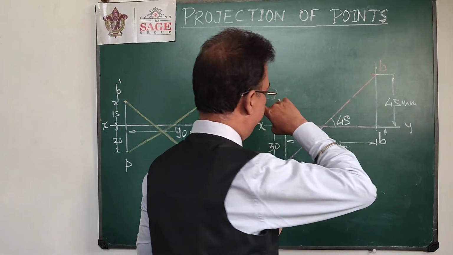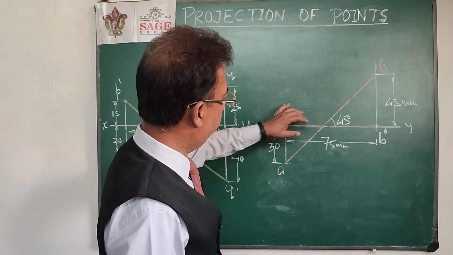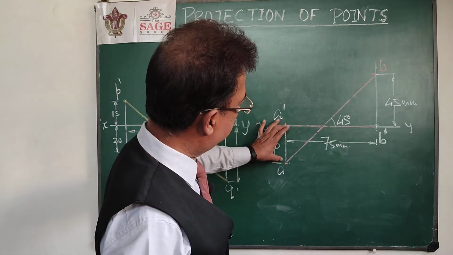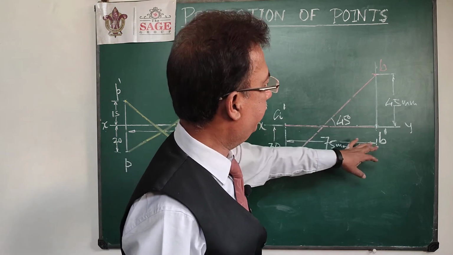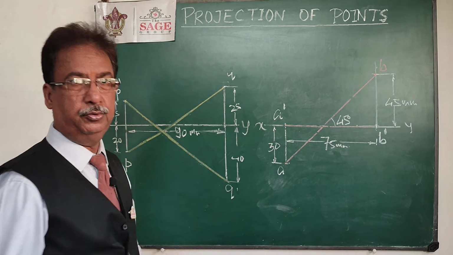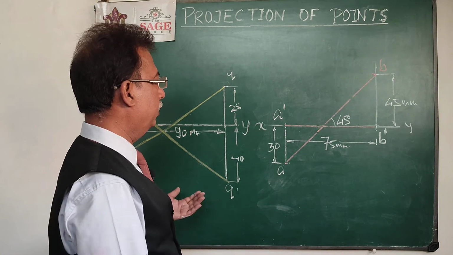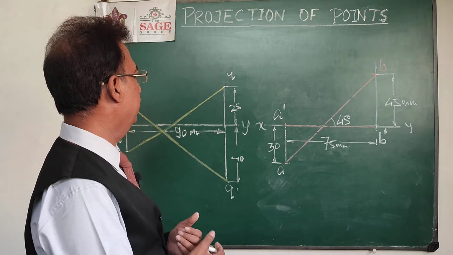And if you check using trigonometry also, it will be 45: this is a 45 degree angle, this is 30, so this will be 30, the remaining will be 45, so the upper side will be 45. So these are the two basic problems on projection of a straight line.